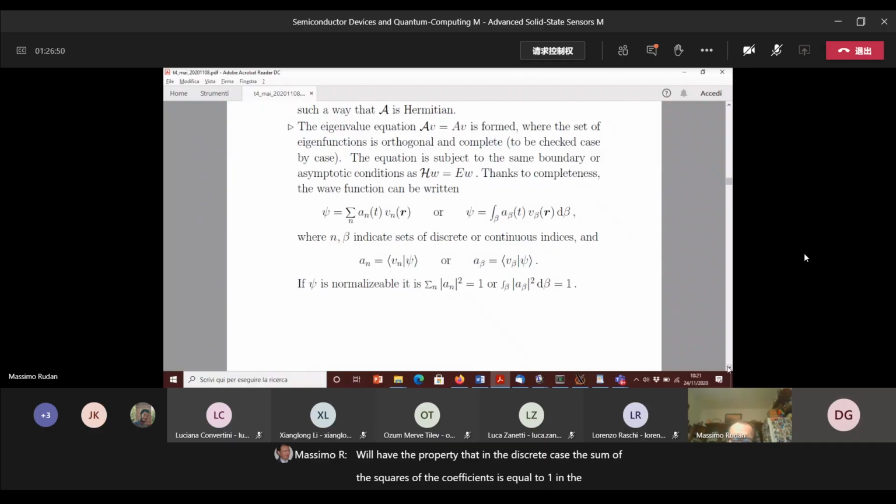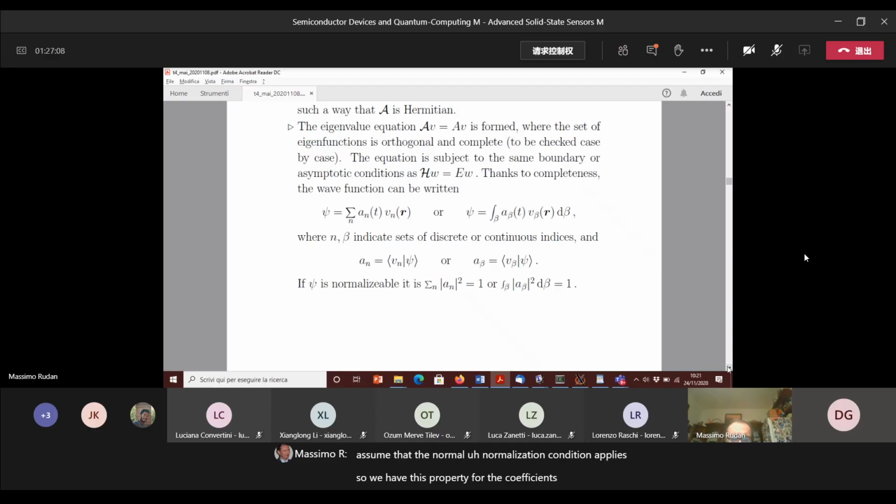In the continuous case, the integral of the squares of the coefficients again will be equal to 1. Okay, so we assume that the normalization condition applies, so we have this property for the coefficients.